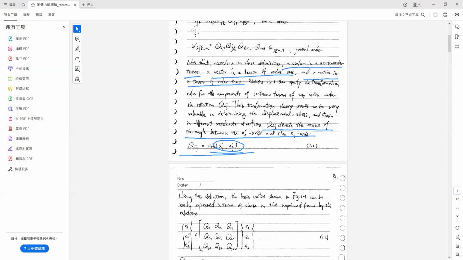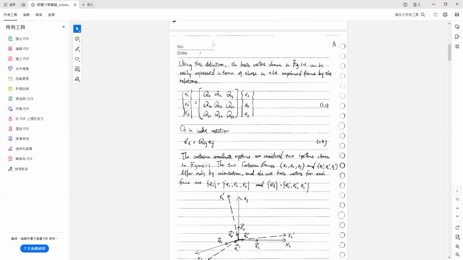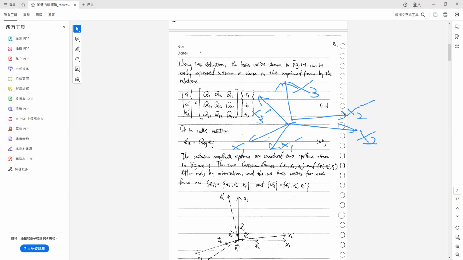So when we talk about the transformation between different coordinates, for example, when the Cartesian coordinates x1, x2, x3 are rotated to x1', x2', x3', there is an angle between the transformed coordinate and the original coordinate.